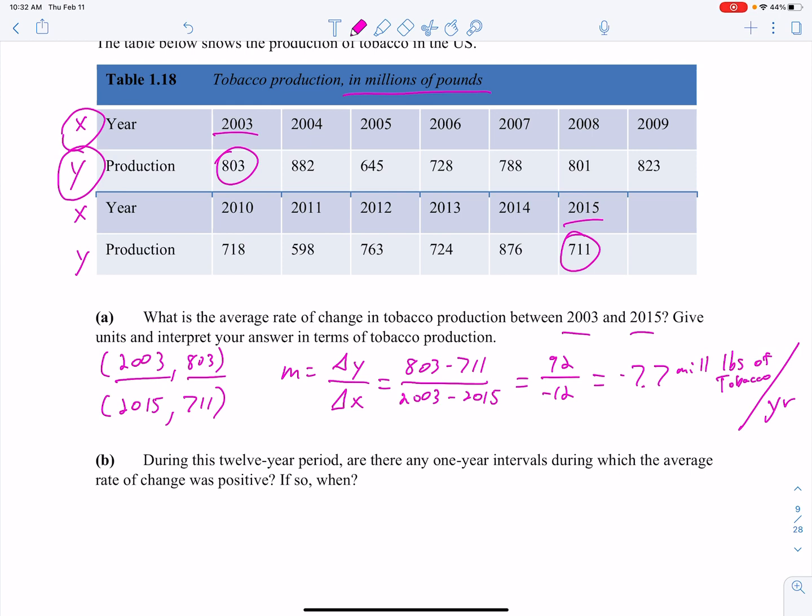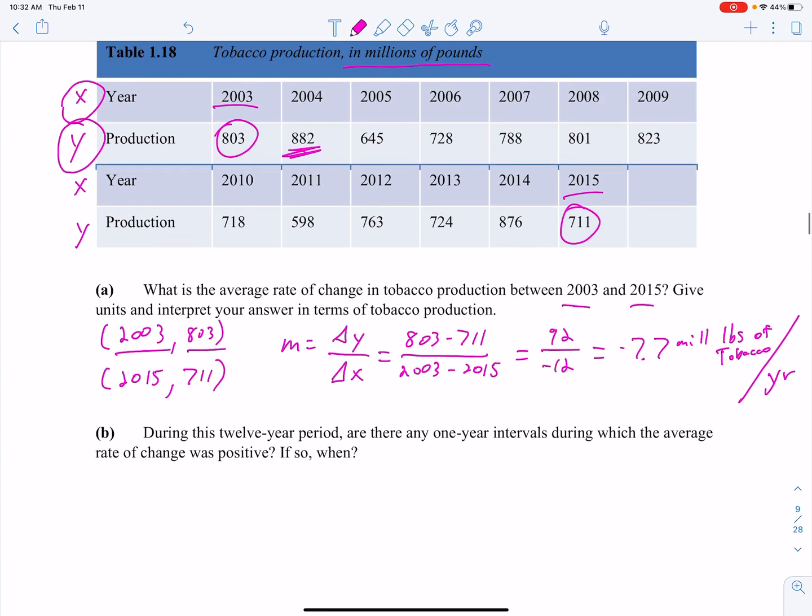So what they're saying is it's declining. This production is declining by 7.7 million pounds of tobacco per year on average. And of course, you can look at the data. It's not the same number every single year, the decline, right? Even actually some years it went up. Okay, but this is the average between 2003 and 2015.